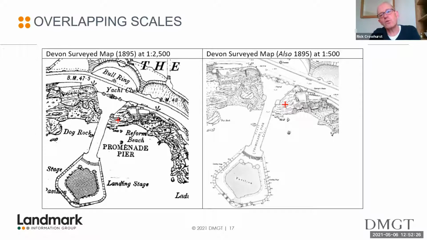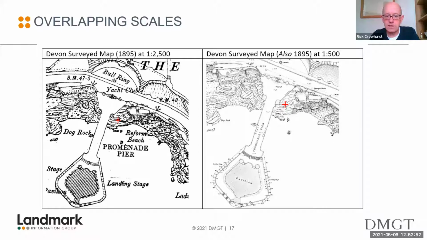The same is true when we're looking at different scales. So in this case, it's part of Plymouth, the promenade, the pier. And here on your left, you have an 1895 map at 1 to 2,500 scale, 25 inch to the mile, very nicely detailed, that site. But at the same time, also in 1895, they were producing a town plan.